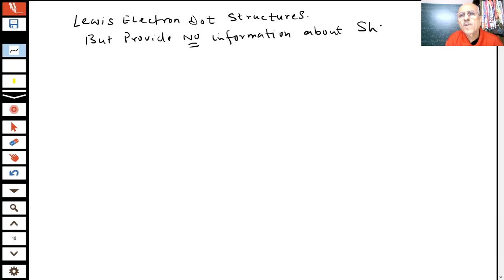They give no idea about the shapes and geometry of the molecules. You know that these molecules which we are talking about have shapes, they have geometries. And we know by experiments like X-ray and others that their shapes have been determined. So this gives no idea what is the shape of a molecule.